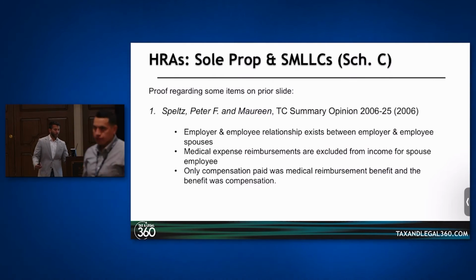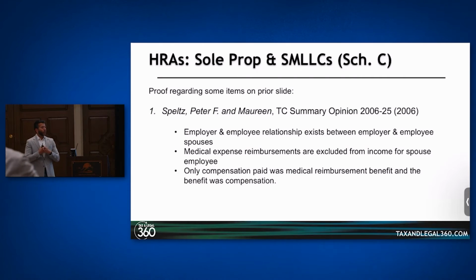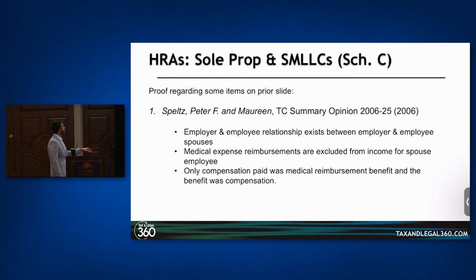So when I reimburse my spouse for the expense, I'm getting a tax deduction. And when my spouse receives the reimbursement, it's excluded from income, all right? This case establishes that. And the last bullet point here: in this particular case, the only compensation paid was the medical reimbursement benefit, and the benefit was considered to be compensation.